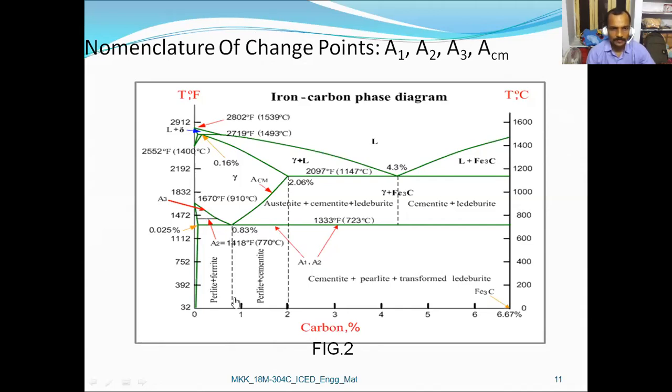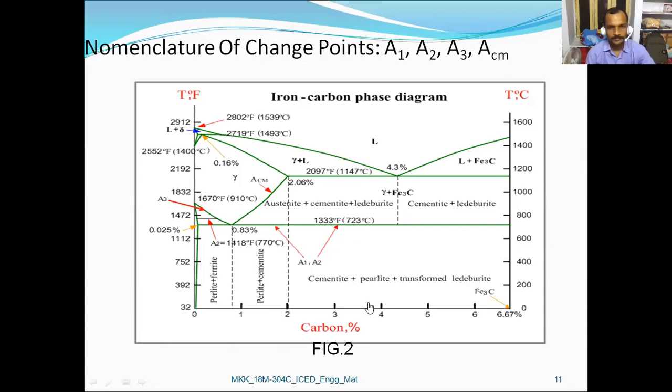Here these are the different phases: pearlite plus ferrite, pearlite plus cementite, and here we are able to see A2 again at 770 degrees centigrade, even though given as 723 degrees centigrade, but 770 is nothing but 1418 degrees Fahrenheit. That is a combination of pearlite plus cementite.